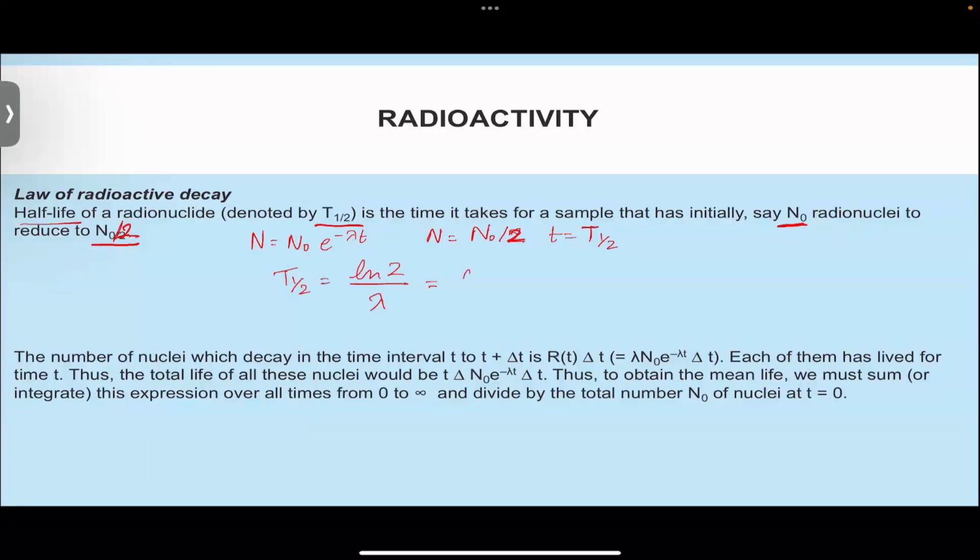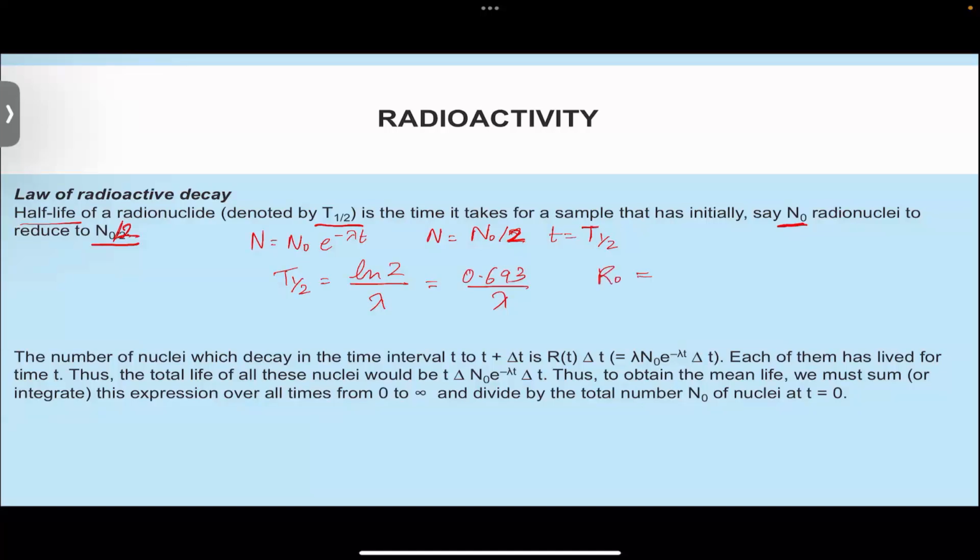That is actually 0.693 by lambda. So if n0 is reducing to half of its value in T half, similarly the rate of decay R also follows a similar pattern.